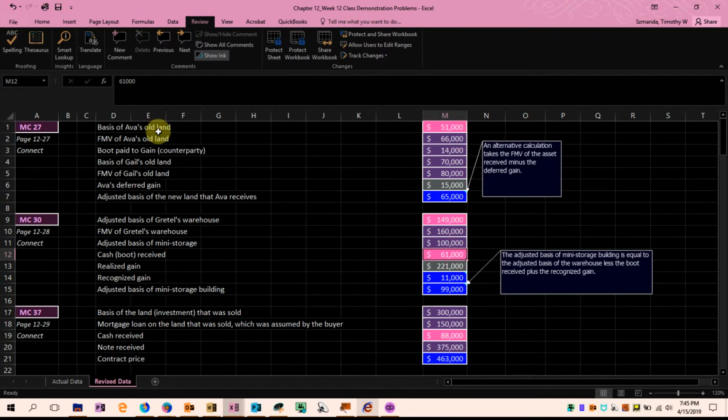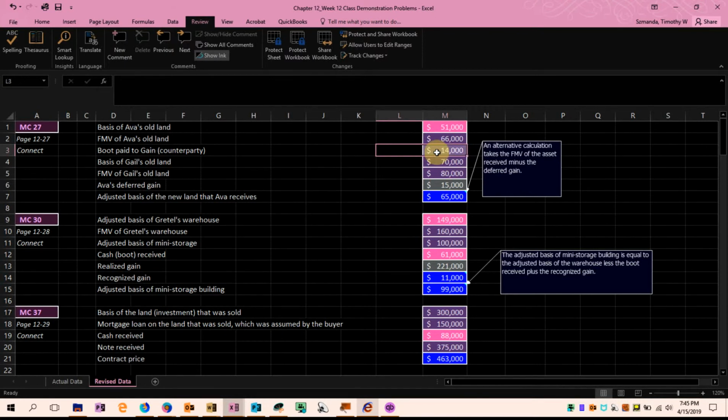Here, Ava is exchanging land used in her business with Gail for another parcel of land. The basis of Ava's old land is $50,000. They change it to $51,000. Fair market value of $66,000, and she also gives Gail $14,000 cash. So that's boot, but she's paying the boot in this case. So that will not trigger our gain recognition since she is paying the boot.